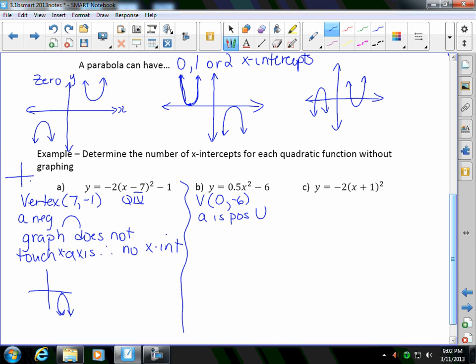So that means my vertex is going to be just below the x-axis. So it cuts the x-axis in two places because it's going up.